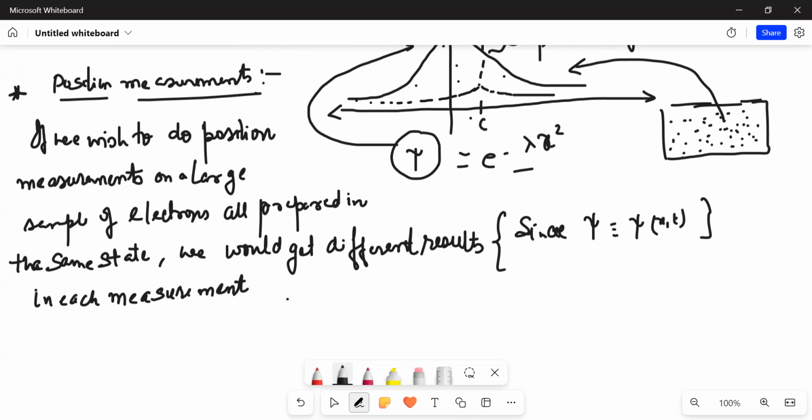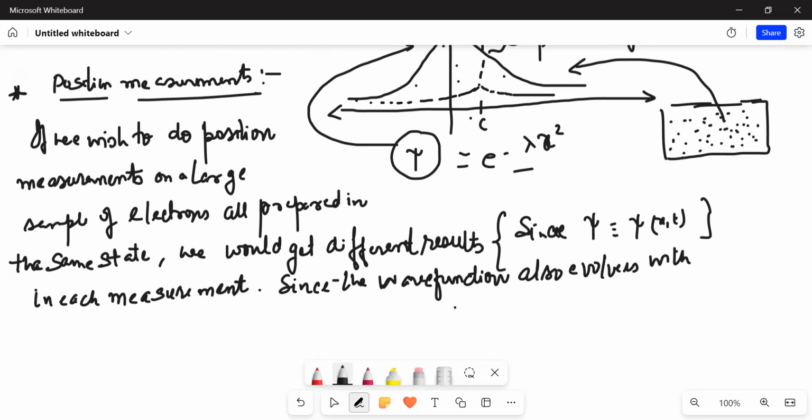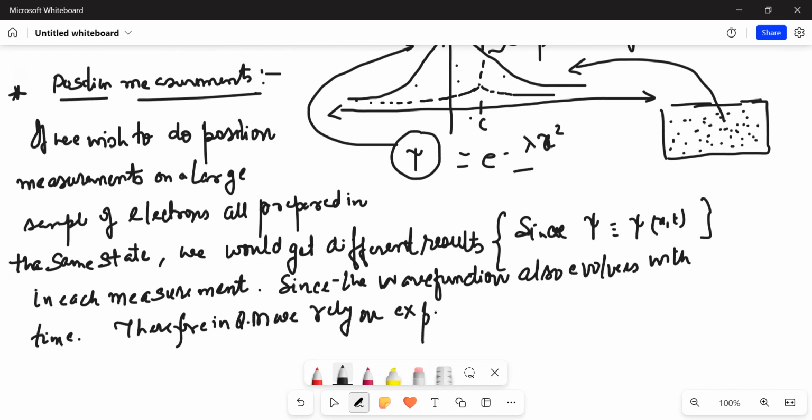In each measurement, since the wave function also evolves with time, therefore in quantum mechanics we rely on expectation values.